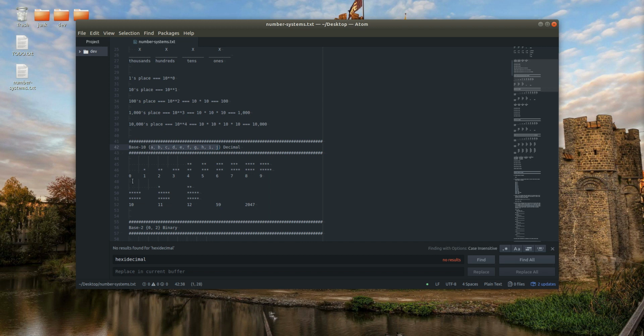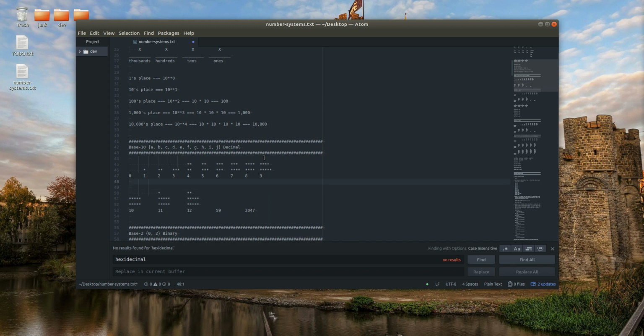So here 0 would be represented by A, 1 would be B, 2 would be C. So we still have 10 symbols, they're just different symbols than what we're used to thinking about.